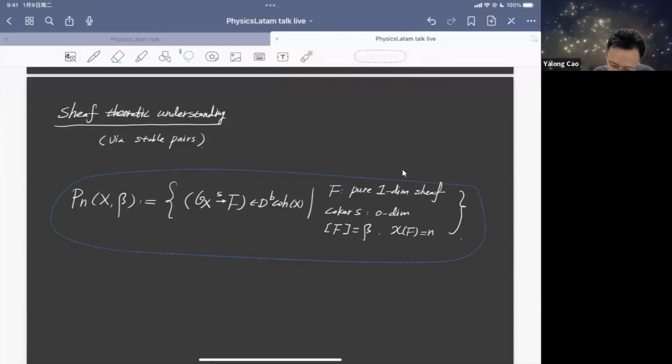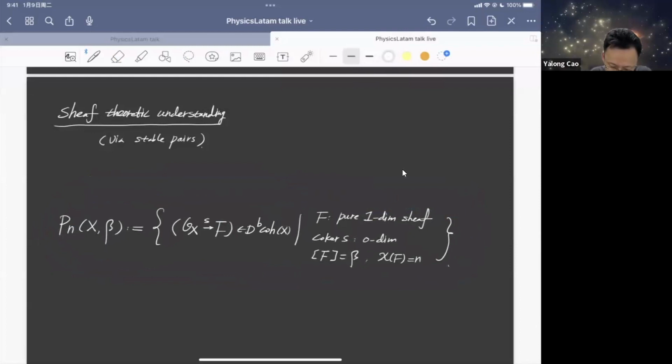So in a picture, such objects can be drawn like this. We have some Calabi-Yau threefold X. We have a curve here, and this sheaf F is supported on a curve. You can understand this as some vector bundle over this curve.